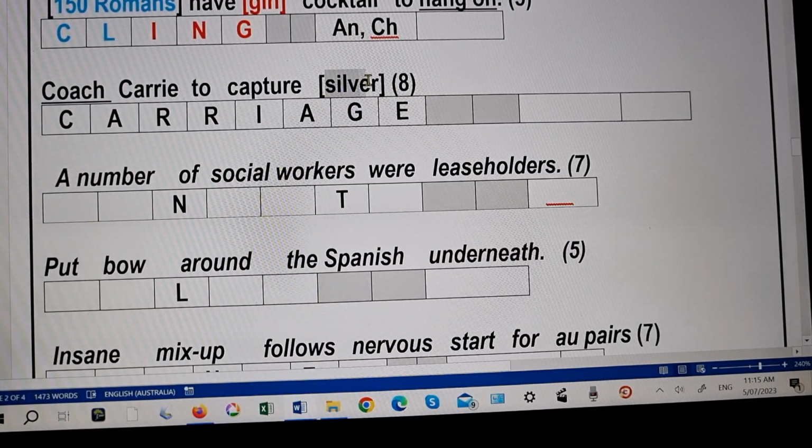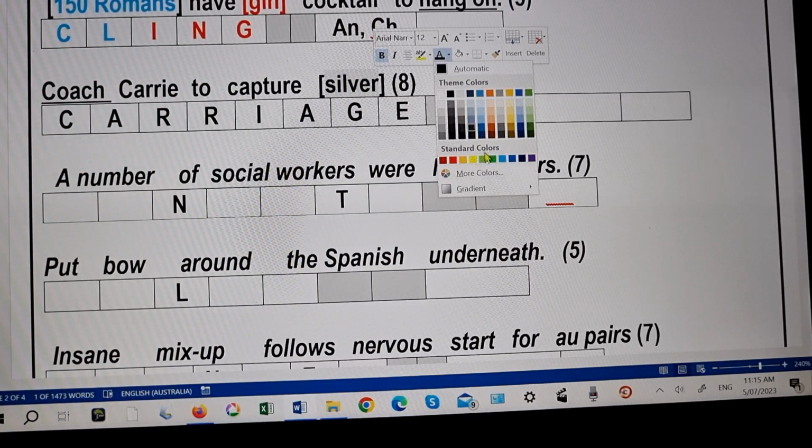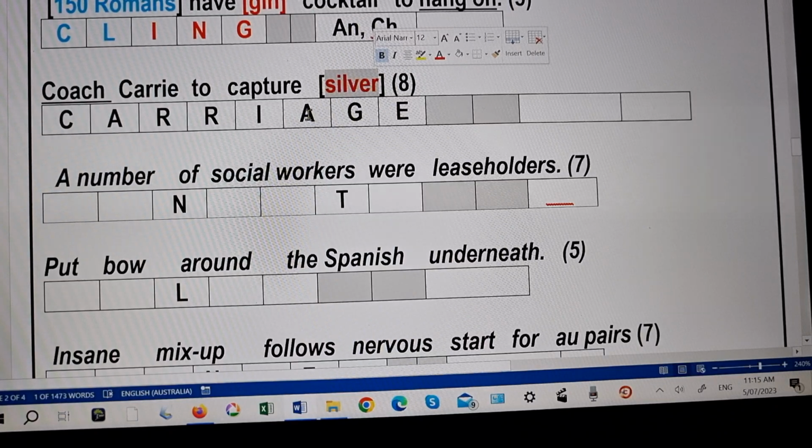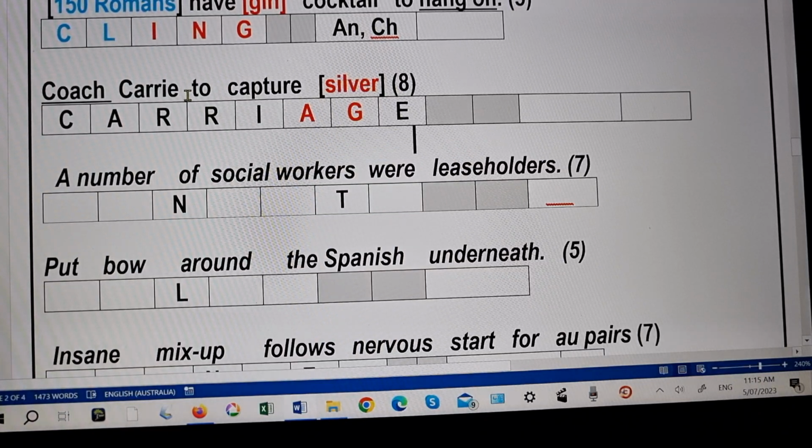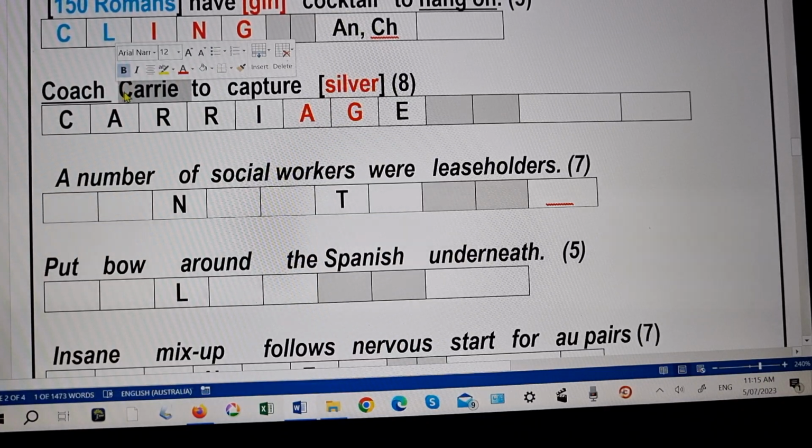I can see silver there. Silver is abbreviated to AG. There's your AG. So we got silver out of it. And carry, let's make that red.